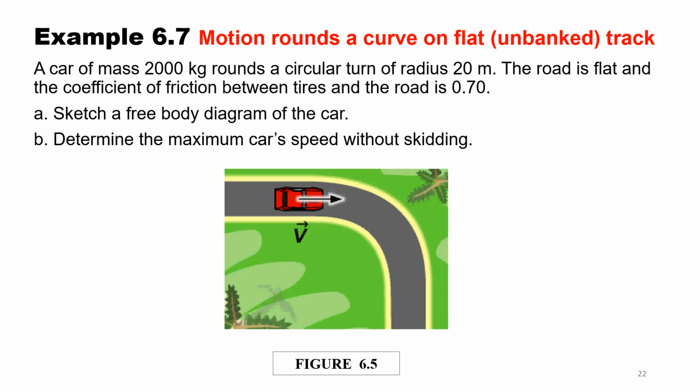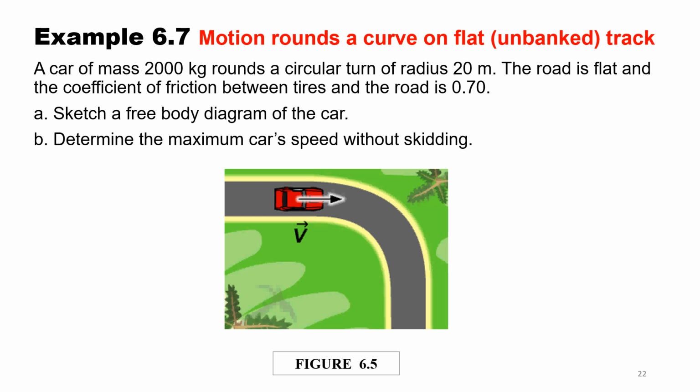Okay, next example 6.7. The objective is to solve problems related to centripetal force for motion round a curve on a flat track. So the question: a car of mass 2000 kg rounds a circular turn of radius 20 meter. The road is flat and the coefficient of friction between tires and the road is 0.7.